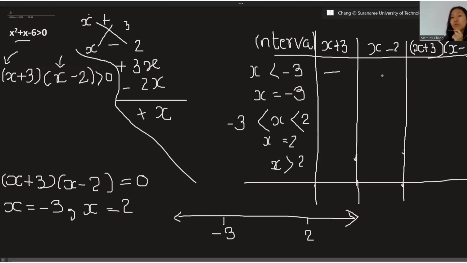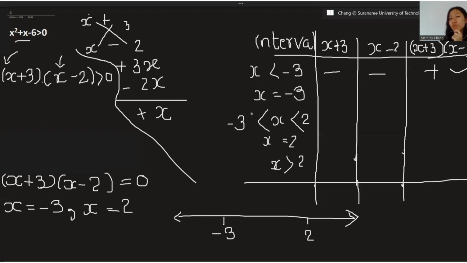Minus 4 minus 2, what will you get? You will get minus 6. So these two are multiplying right here. When you multiply minus and minus, what will you get? You will get a plus value, right? A plus value means that it's greater than 0, right? All right, you get it. So you can consider this interval.